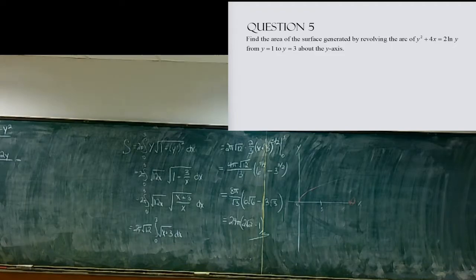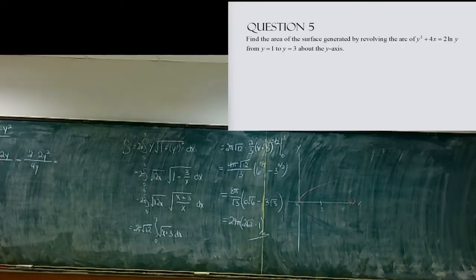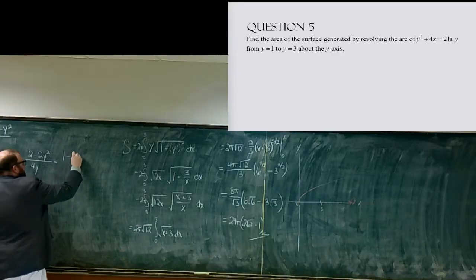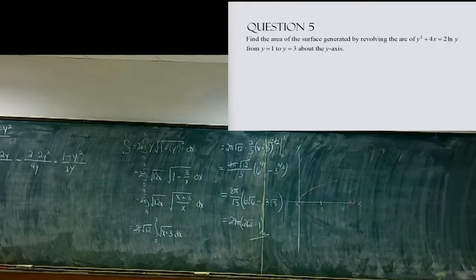Going to factor out a 1 over y, put it in the denominator. And that can also be simplified. One minus y squared all over 2y. There's x prime.